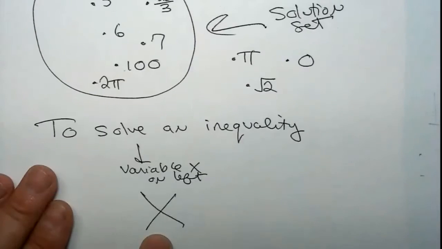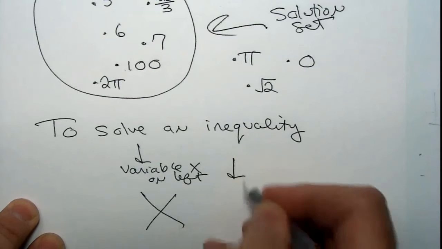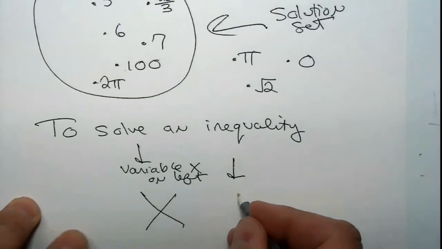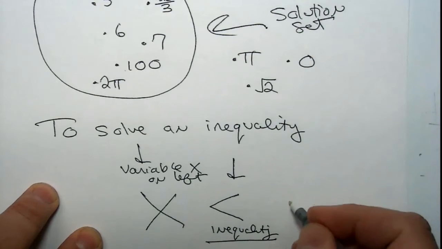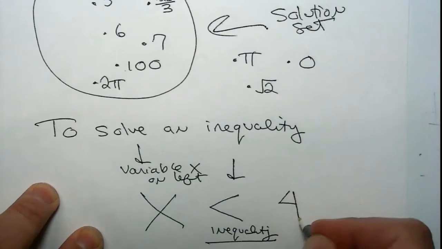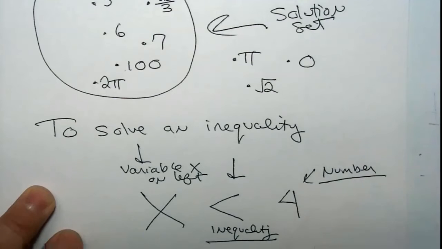The most logical explanation of your solution set is when the x is on the left side. Inequality symbol goes here, less than or greater than. And then generally, a number maybe goes over here. There's where your number goes. And that's it. It's solved.